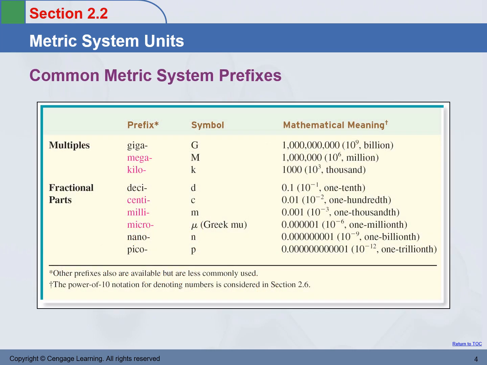These are the common prefixes in the metric system. In this class, you may want to focus and practice on the conversions among these prefixes. Okay, you are required to know how to convert among these kinds of units.